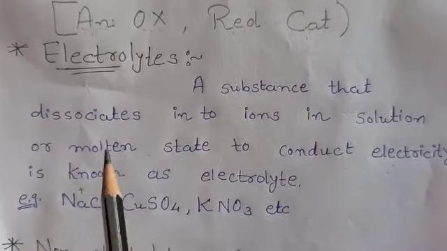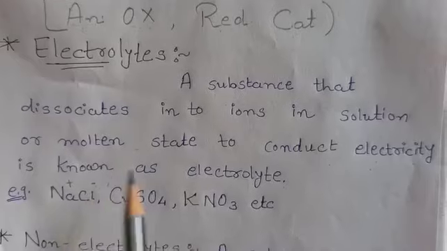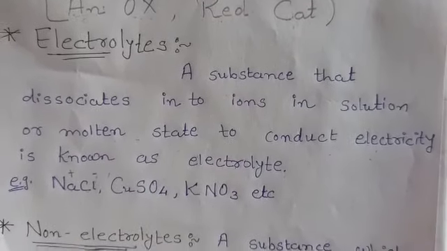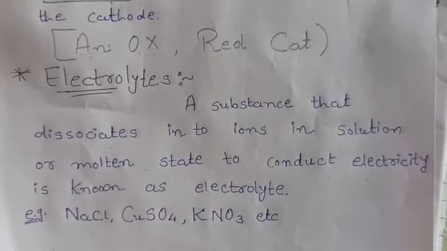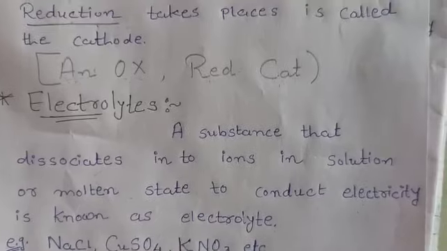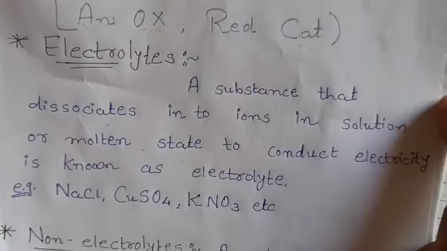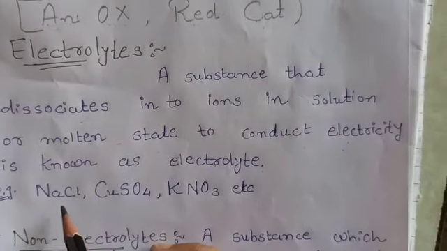Now electrolytes. A substance that dissociates into ions in a solution or molten state to conduct electricity is known as an electrolyte. Means an electrolyte is a salt which dissociates into its ions if we take a solution or a molten state of that salt, right?